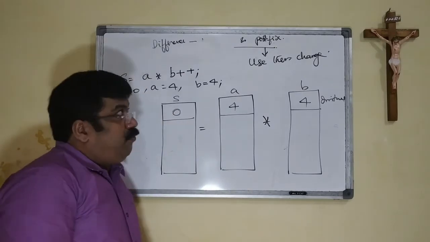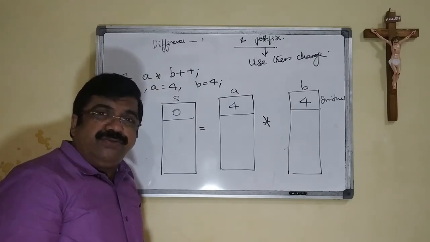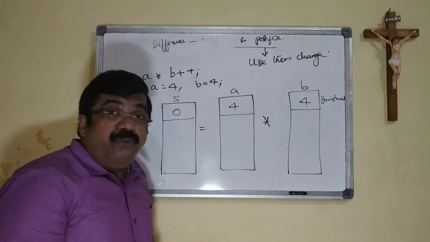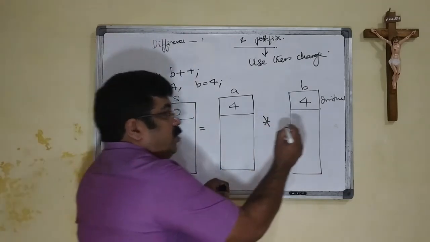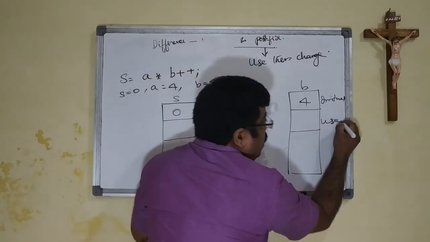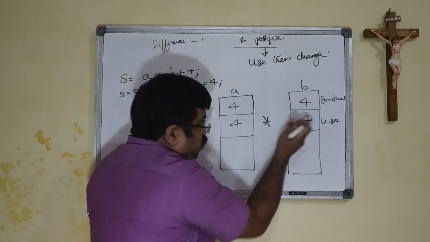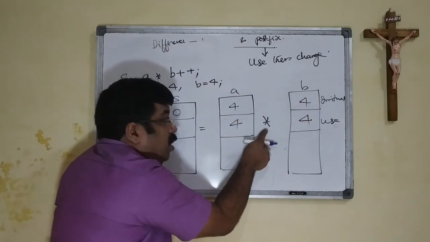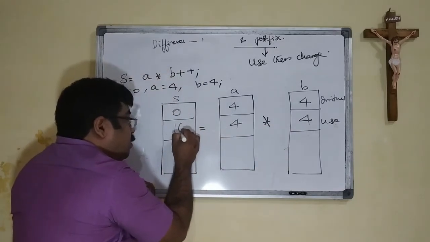What is the principle of postfix increment or decrement? It follows the principle of use then change. The second step is using 4 and 4, the same values. Using means the operation will be done. So 4 into 4, 16.